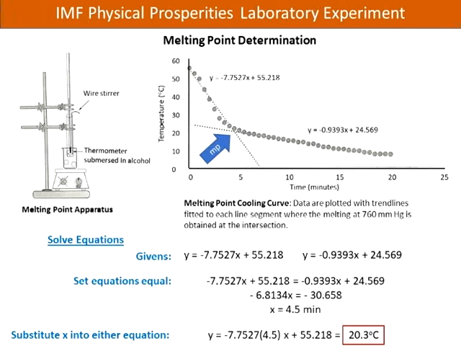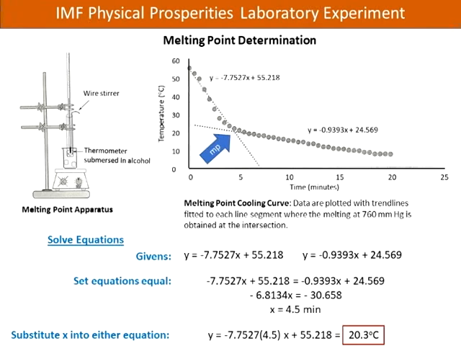This can be taken by reading the graph, or you can find that value by carrying out the math, which is oftentimes the process used in many Gen Chem labs. In this case, you would take both givens, the equations for the lines, you would set those two lines equal to each other, and you would solve for x. And in this particular example, x was 4.5 minutes.